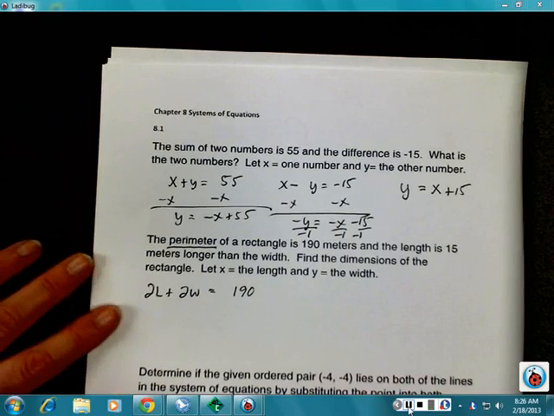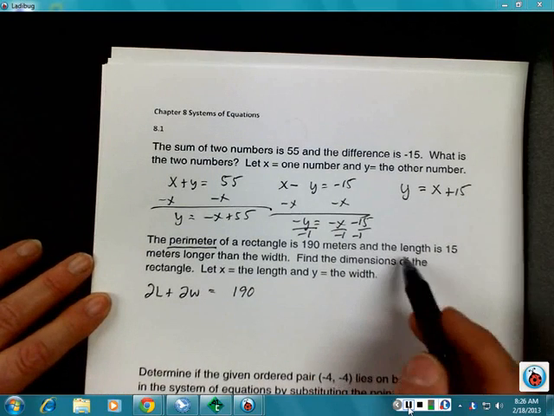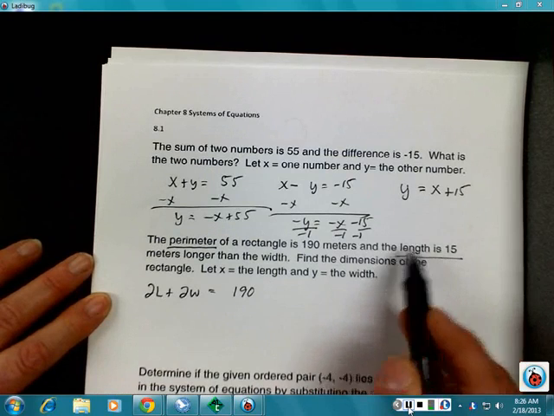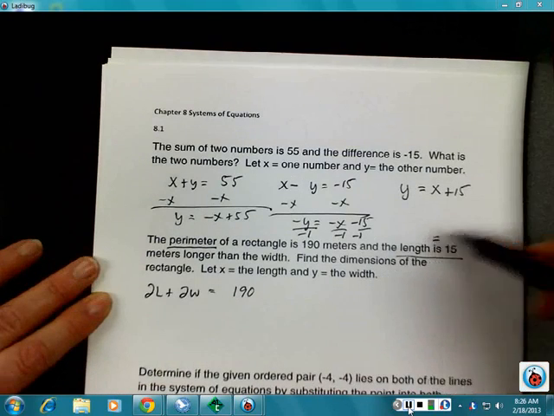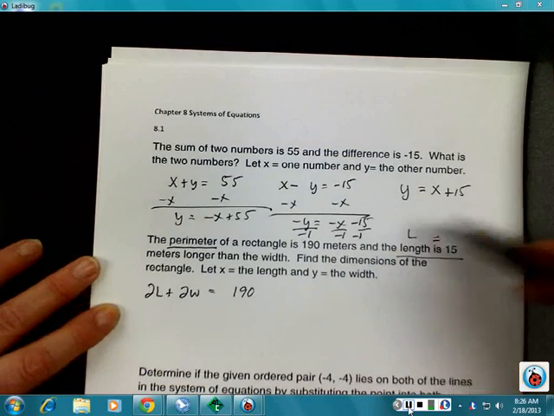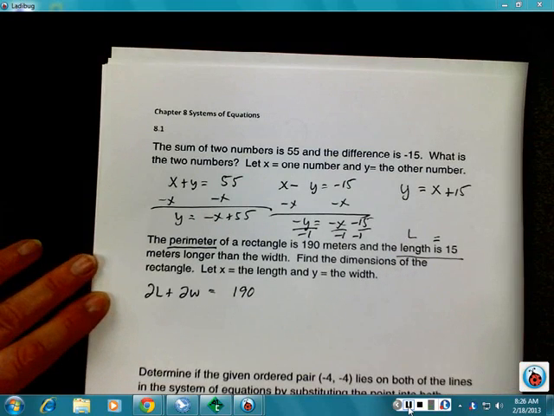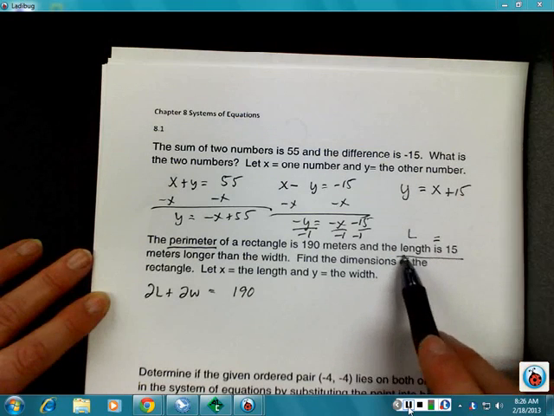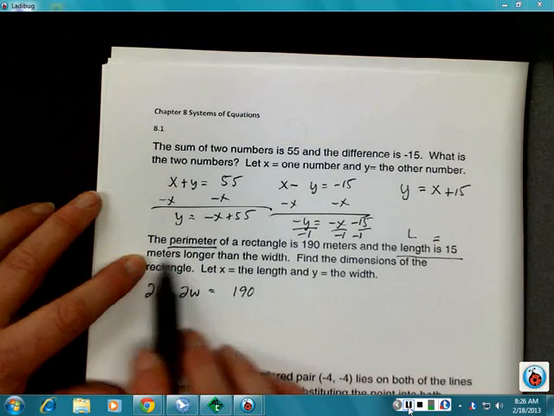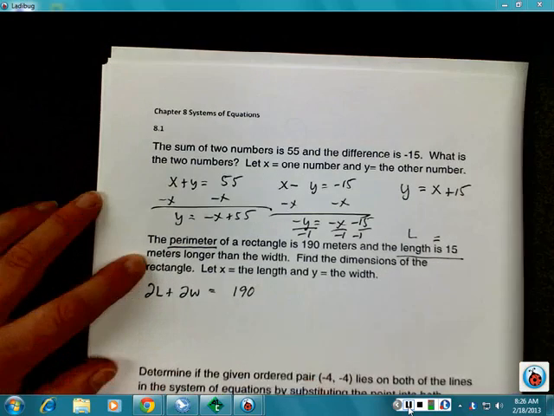Perfect. But then it goes on and it says the length is, now be careful here, because is means equals, right? Length means L. So if I go through, the length is 15 meters longer than the width. So what does that mean?